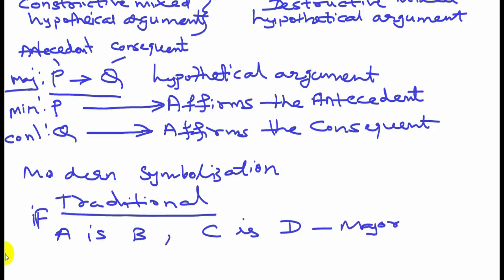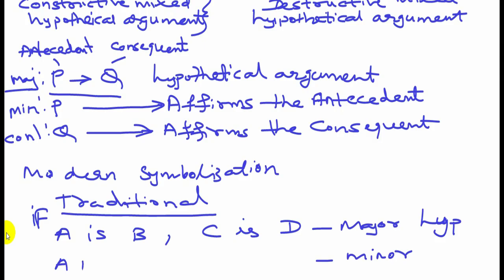It's a major and it's a hypothetical argument. Then we have the minor premise, because minor premise affirms the antecedent.